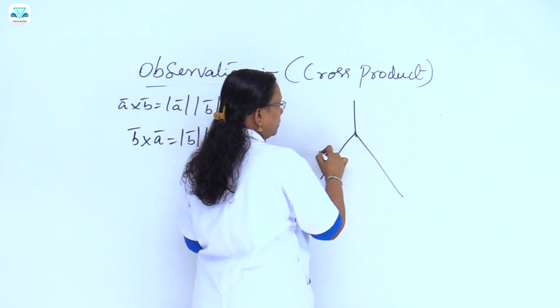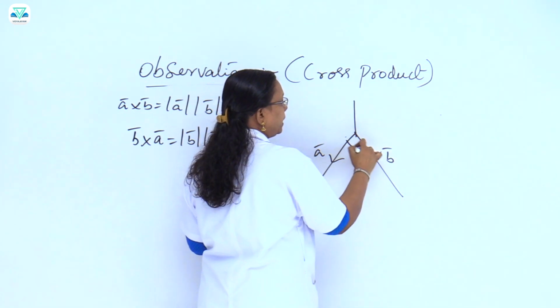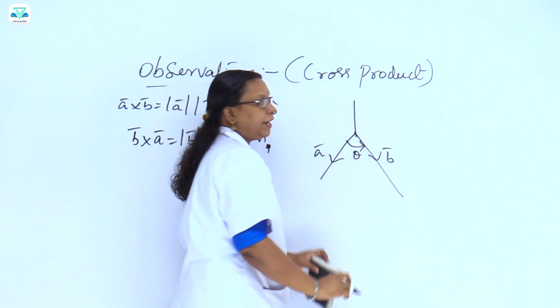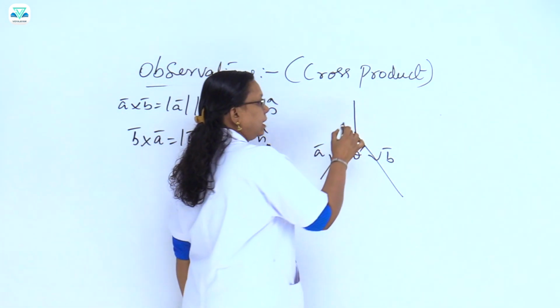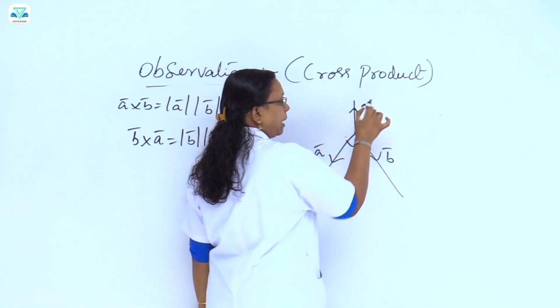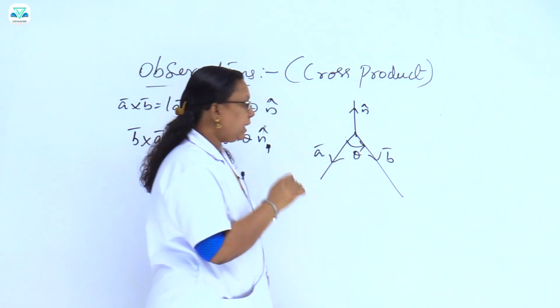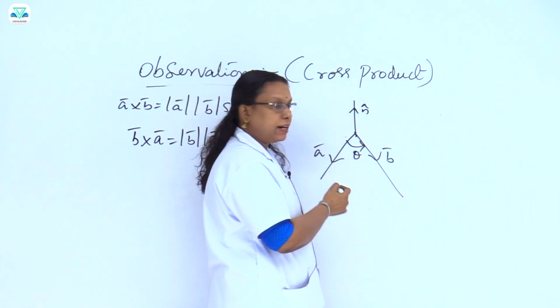That is, this is vector A, this is vector B, theta is directed from A to B, and this is the n cap vector. Now when we take B cross A, it is exactly the reverse.